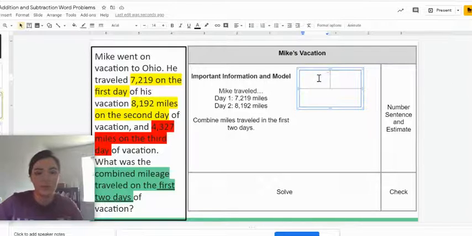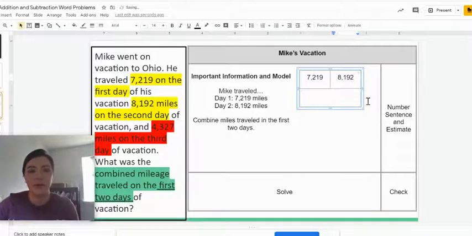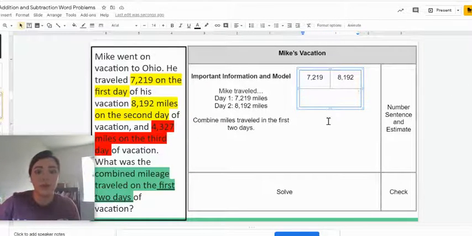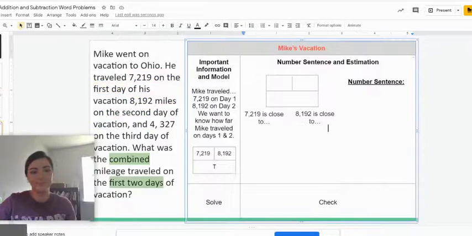So one part is going to be the 7,219 miles. And the other part is going to have to be the other part that we know, 8,192 miles. And what we don't know is the total traveled in 2 days. So I'm going to put T for total. I like that being in the middle, so I'm going to move it to the middle. And we're done with that first step.